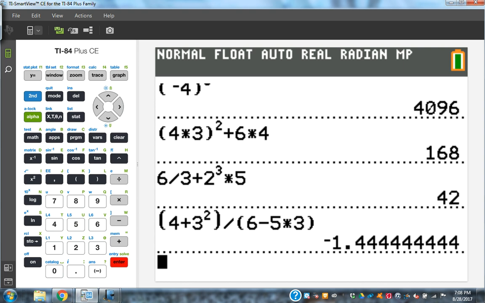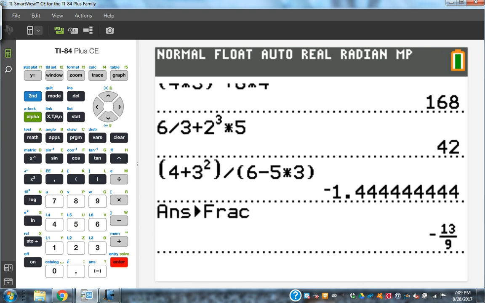My calculator is set to give me decimal answers first. I don't want decimal answers. I want a fraction answer. So to turn things into a fraction with the graphing calculator, you hit the math button and then enter twice. There's our negative 13 over 9. Math, enter on the graphing calculator to get answers that are in decimal in fraction form.